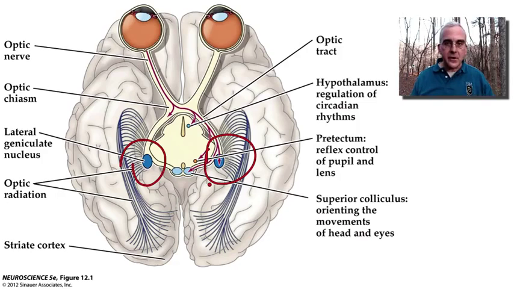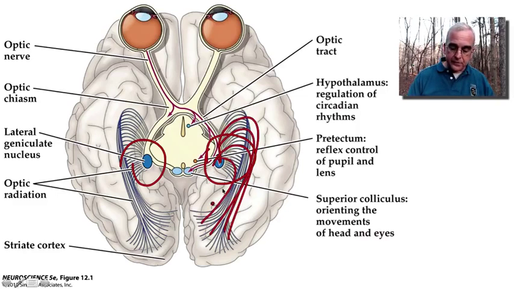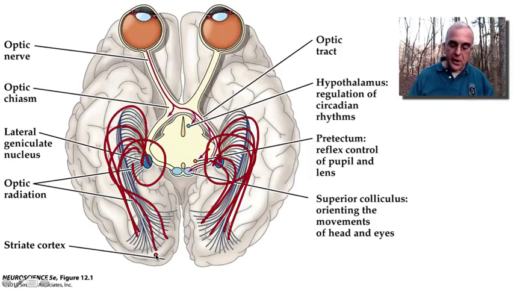It's the major target of retinal ganglion cells with respect to vision or image formation. From the lateral geniculate nucleus arise our optic radiations that work their way around the lateral ventricle to supply the upper and lower banks of the calcarine sulcus. That's where we find our primary visual cortex.